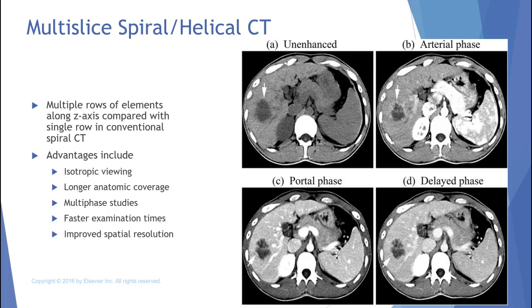Longer anatomic coverage, multi-phase studies, faster exam times, and improved spatial resolution. So these are all advantages of putting more rows of detectors to get that information as it's scanning, so that you have more information to play with. That's pretty much all it comes down to.